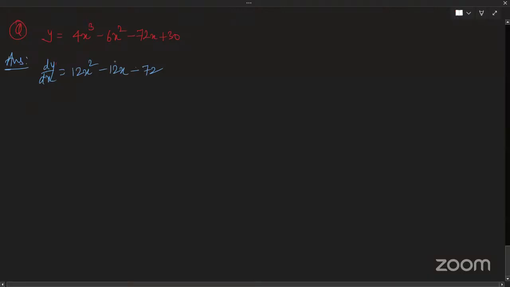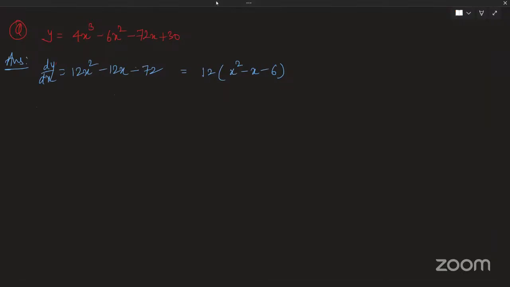So this is it. If I take 12 common from this, it will be x square minus x minus 6. Correct? Can we factorize it? Can you factorize?